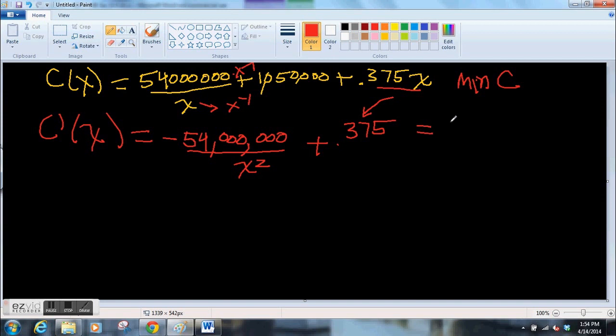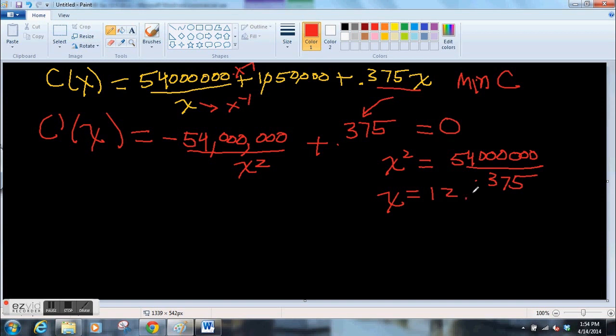So all of this is going to be equal when x squared is equal to 54 million divided by 0.375. I'm just making a little shortcut here, skipping a bit of a step. So this equals 0 when x equals 12,000.